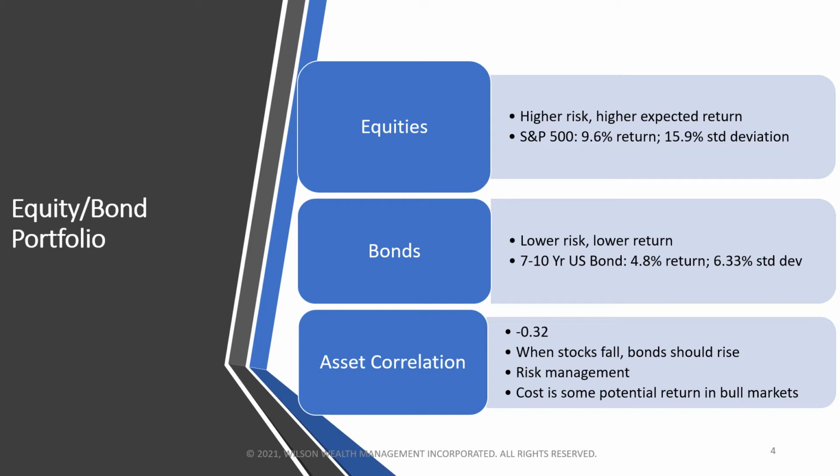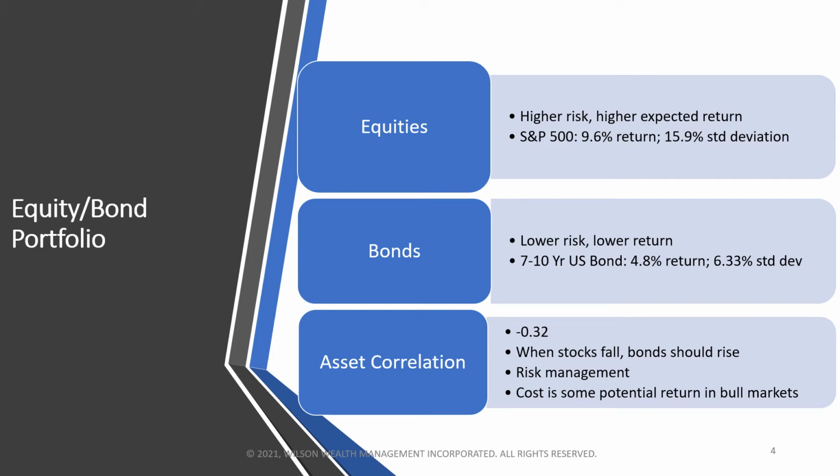The reason for that is the correlation. Currently, US bonds versus the S&P 500 have about a 0.32 negative correlation. That means that they move in opposite directions.